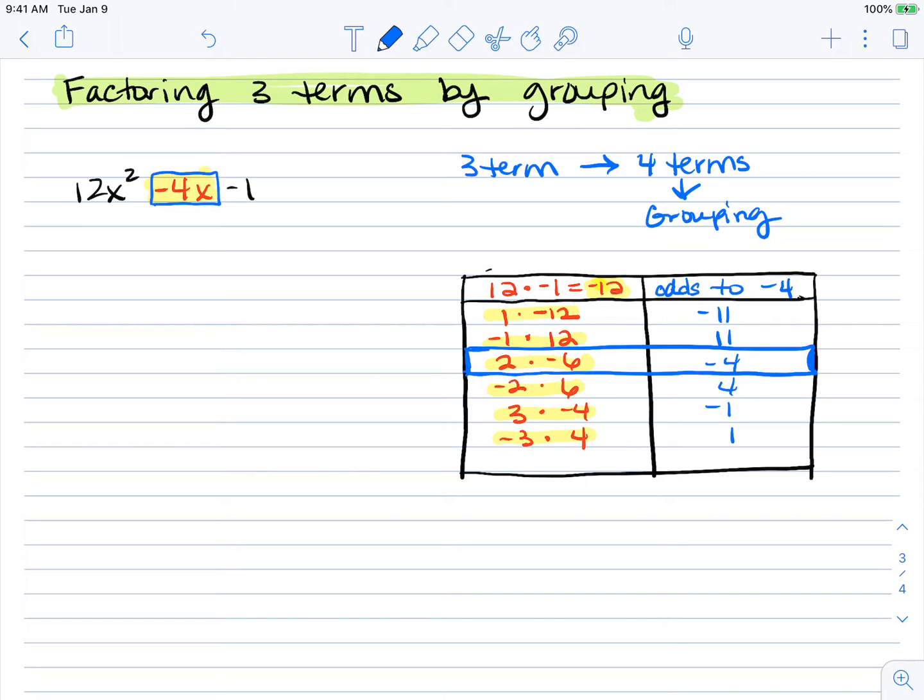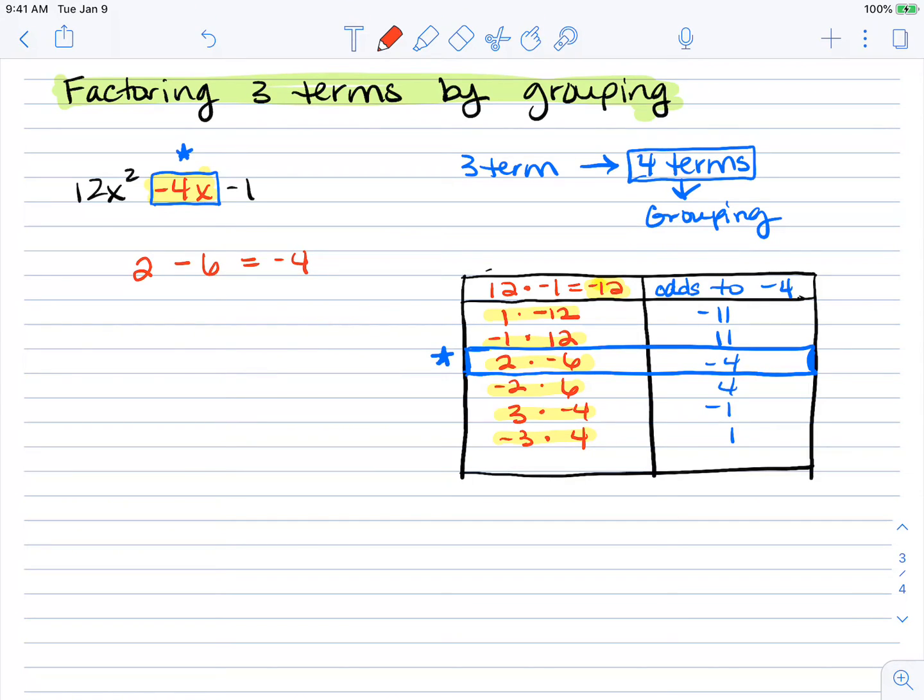All right. I'm going to be able to use these two terms and replace this one term because my goal is to get a total of 4 terms. Okay, so I'm going to go through the logic. I know that 2 minus 6 equals -4.